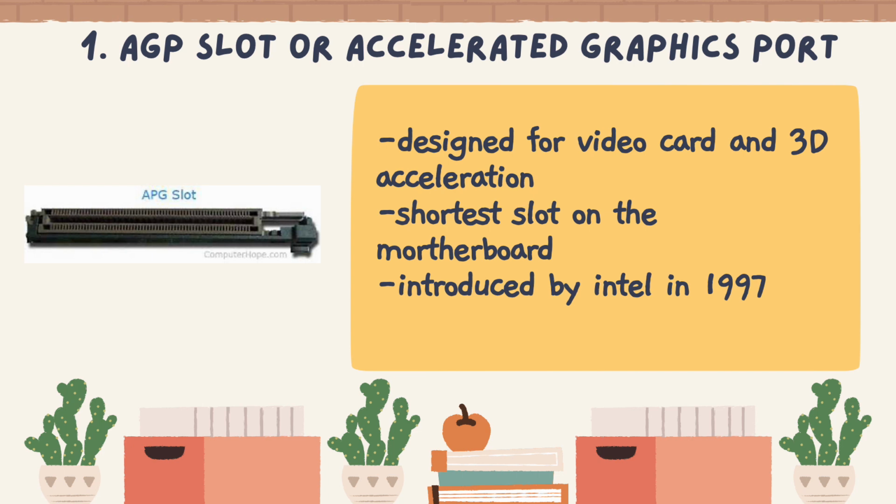You take your old slow graphics card out and put a new super fast one into the AGP slot. It's like upgrading your car engine. Now your games run smoothly and the graphics look fantastic, all thanks to the speedy AGP slot, making your graphics card work at its best.